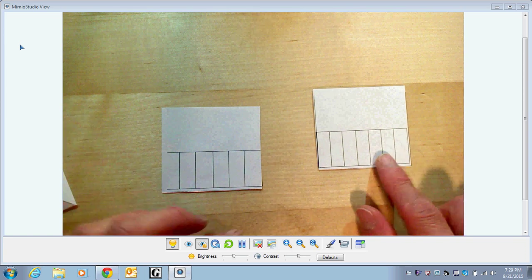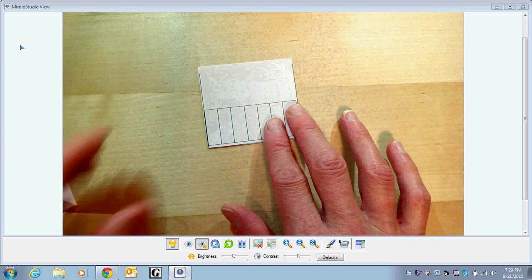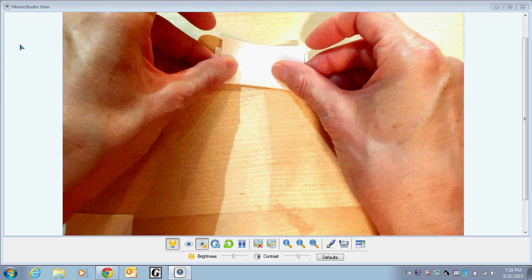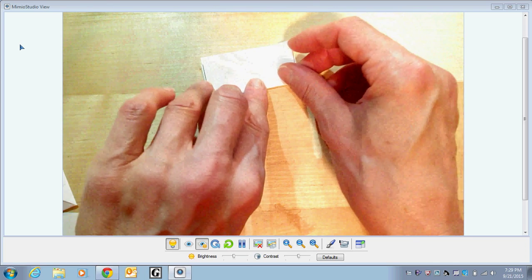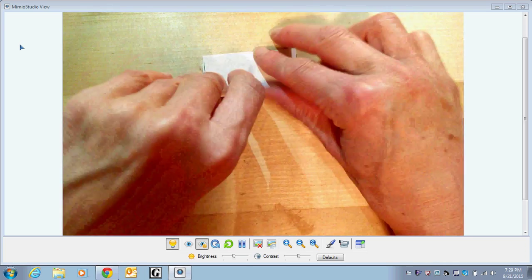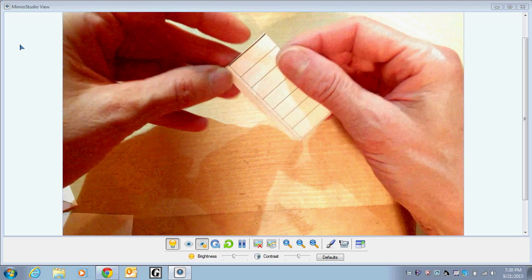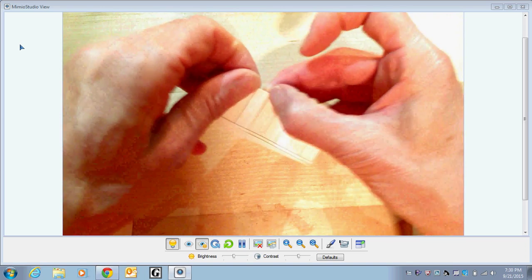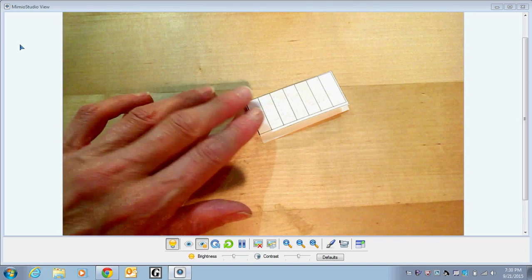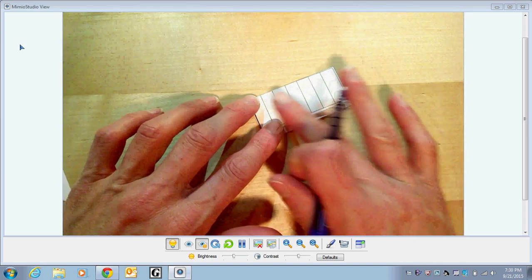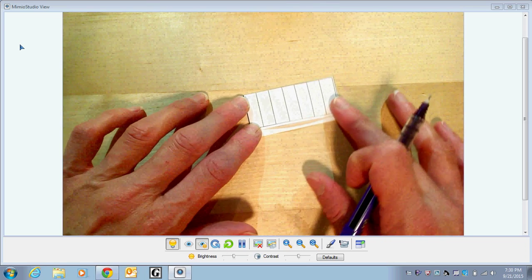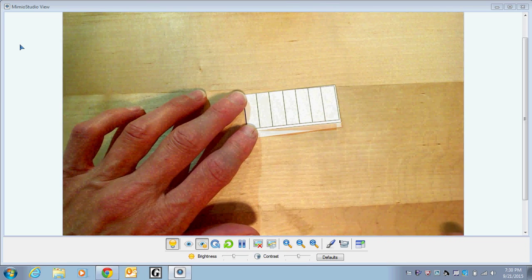So let's take the one that has 7, and we're going to fold it on that crease, on that line, like so. And then inside, or on top, I should say, of each of these flaps, I'm going to write the equation of a line in standard form. So this might be a little bit different.